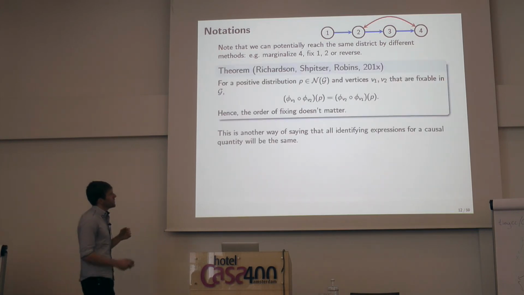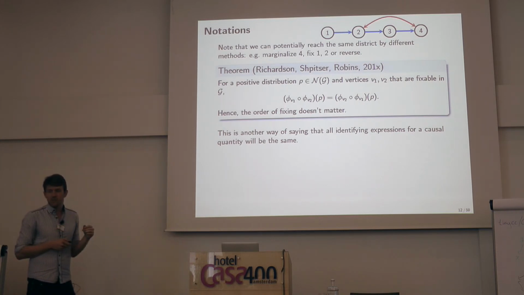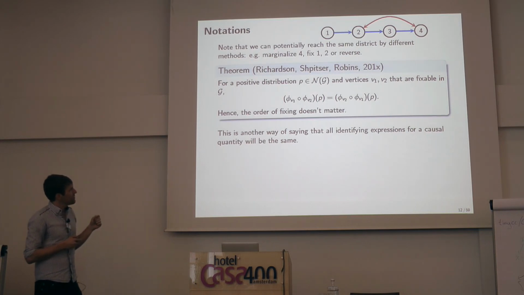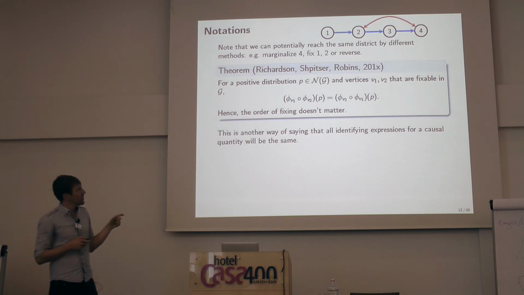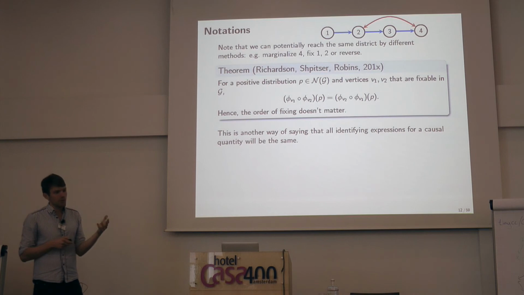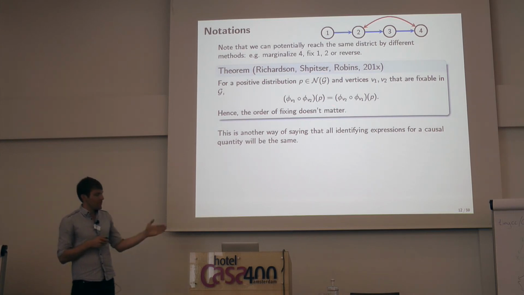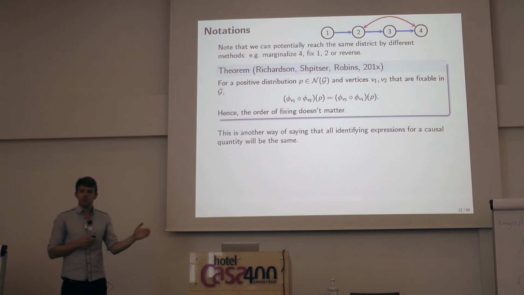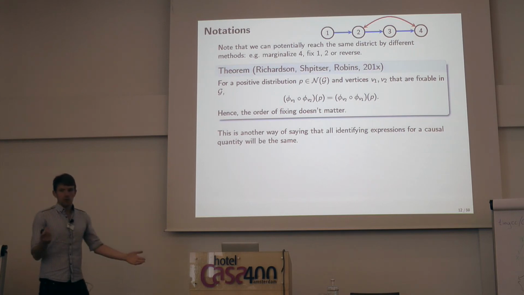Well, there's a theorem, as yet unpublished, that you can find some of the details in one of the other papers we refer to later, which says that if you can fix two vertices, v1 and v2, in a graph, then it doesn't matter in which order you do it, which is somewhat reassuring. So in other words, if you have a valid fixing sequence, then any other valid fixing sequence which contains exactly the same vertices will lead you to the same graph and the same distribution, provided that you're actually in the model.